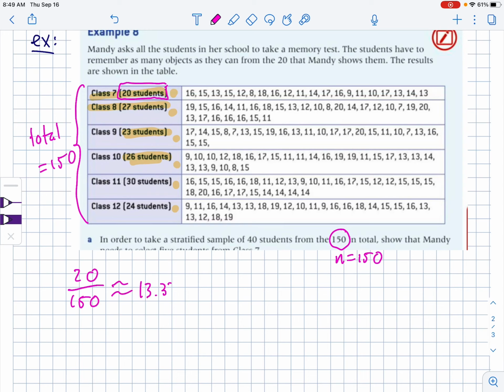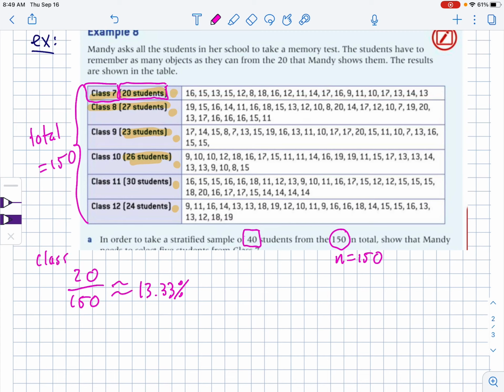This is about 13.33%. So we need to figure out what 13.33% of 40 students is, because class 7 here is 13% of the total population.